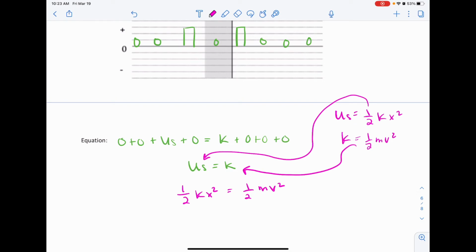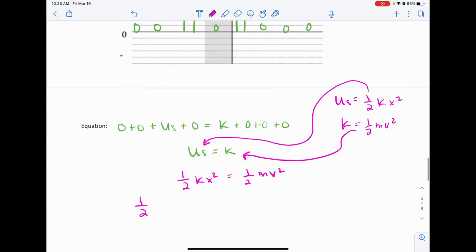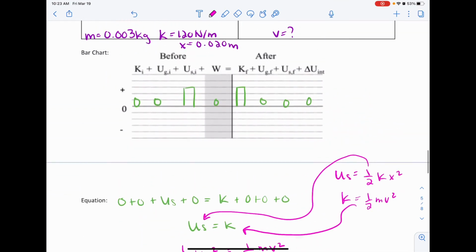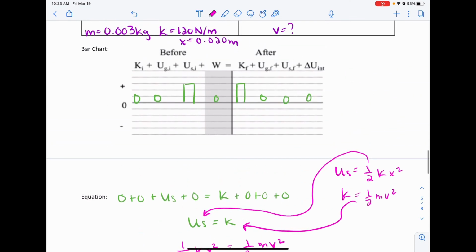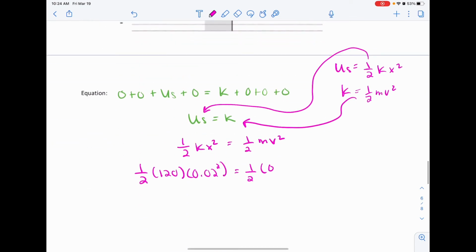And now we can start putting in our numbers. So k is my spring constant, which is 120. X is how far it is stretched or compressed, which is 0.02. Don't forget to square it. Then it equals 1/2. My mass is 0.003. And I don't know my velocity. So let's start by putting this whole thing in my calculator.